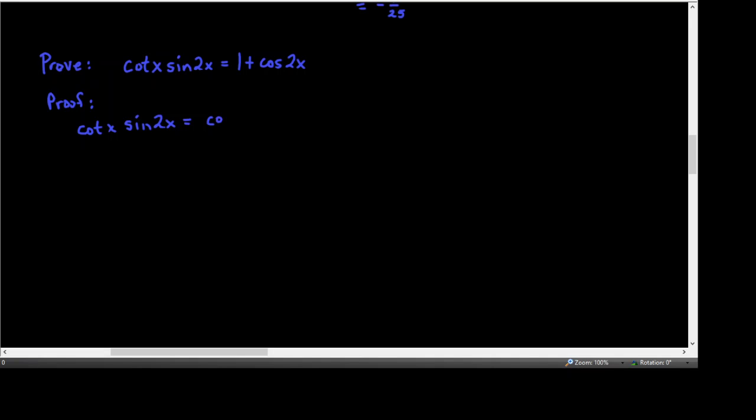So I'm going to first start by using the double angle identity for sine to write 2 sine x cosine x. Then I'm going to change cotangent x into cosine x over sine of x.